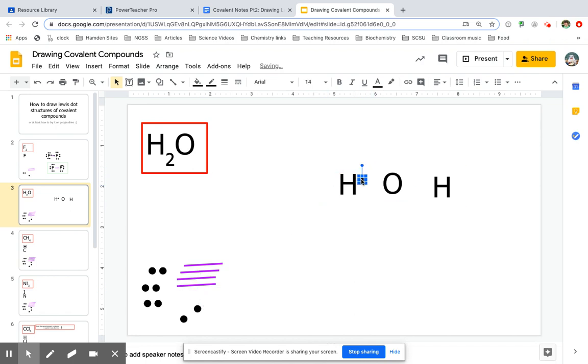Here's my 1 for the H. Here's my 1 for that H. Each O has 6 valence electrons. So 2, 4, and then 5.